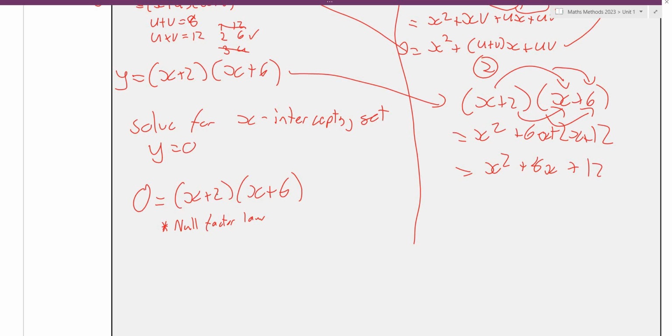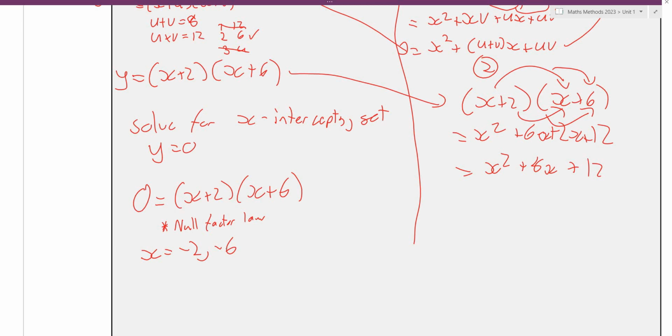How would I make the first bracket 0? What would x have to be to make the first bracket 0? Negative 2. Yeah. And then the second bracket? Yep, so x equals negative 2 and negative 6.